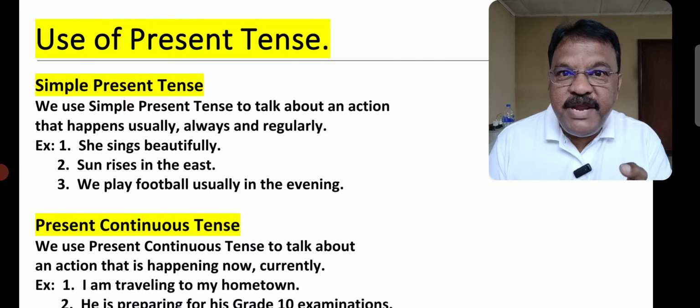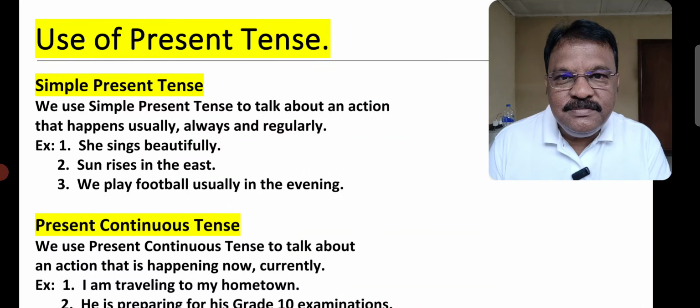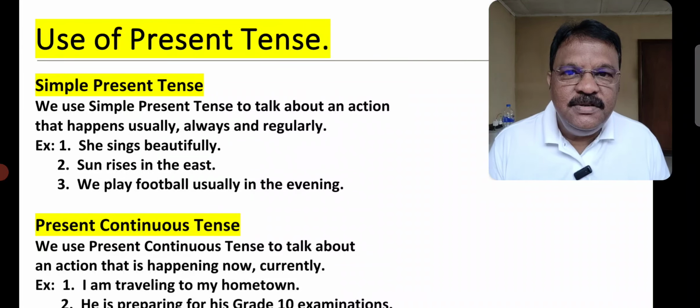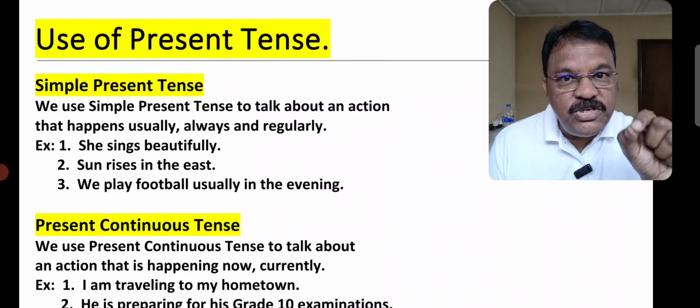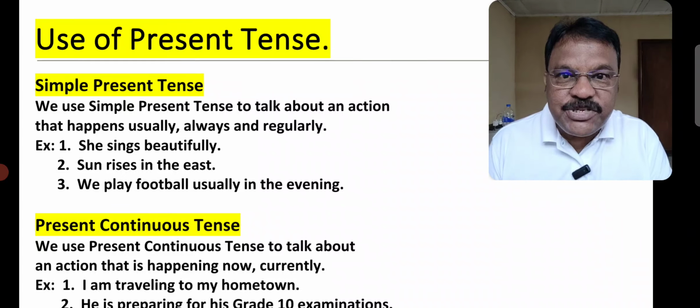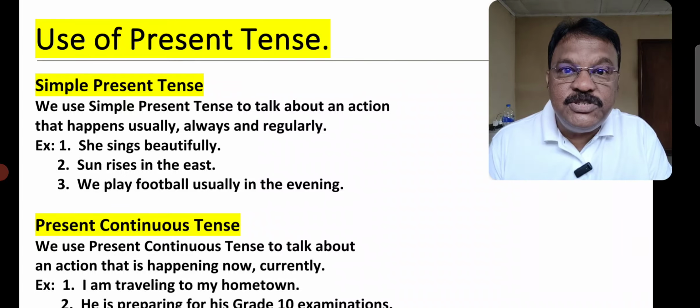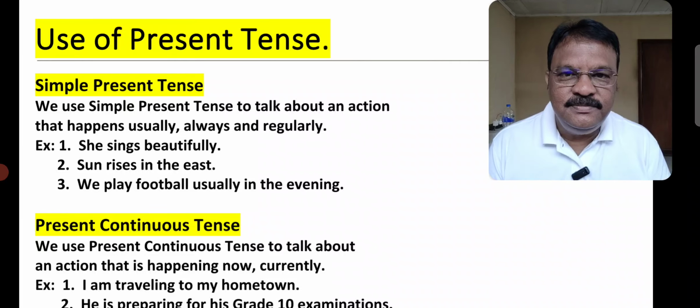No, we don't mean the time to say the time now is 1 p.m. What's the time now? It's 8 o'clock now. No, we don't mean that time. We mean the time in which the action of the sentence is done.